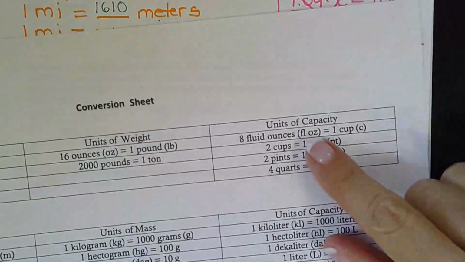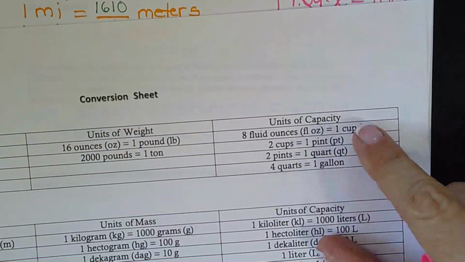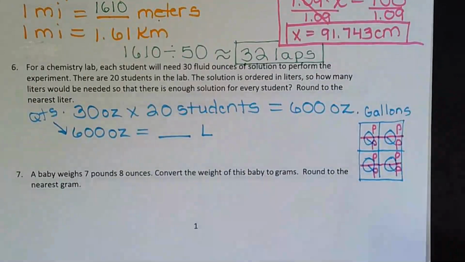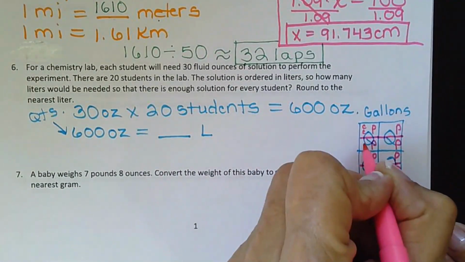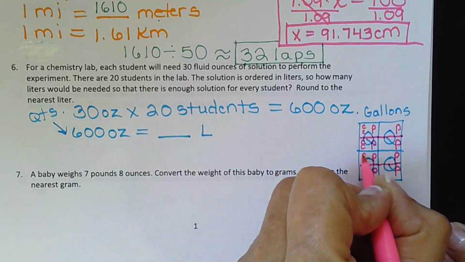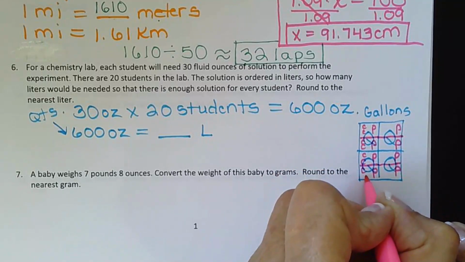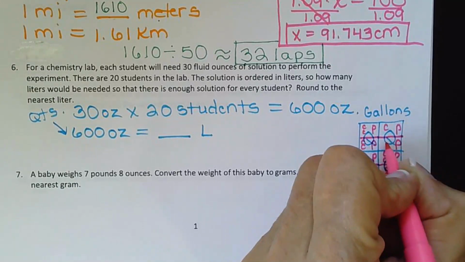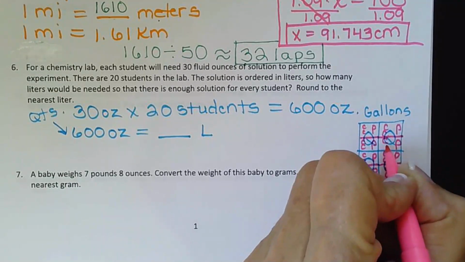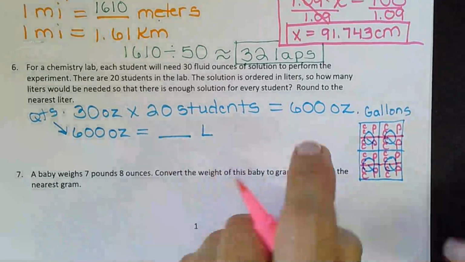So we need to figure out how many cups. Each pint is divided into 2 cups. Remember how I said just keep dividing them in half till you get down to the cups? So we need to know how many cups are in a quart.